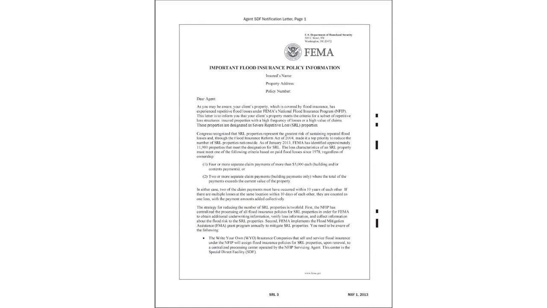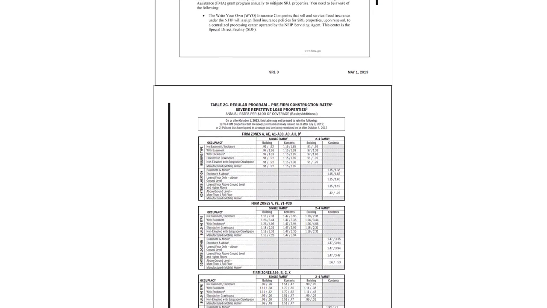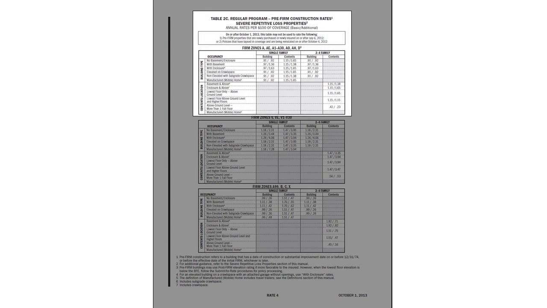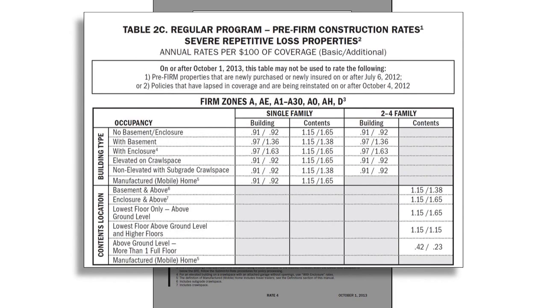For those of you that may need additional clarification on this type of risk, let's go to the Severe Repetitive Loss section of the manual. On page 3, we find sample notification letters for buildings that meet the Severe Repetitive Loss criteria. In addition, the severe repetitive loss rate tables may be found in the rate section.